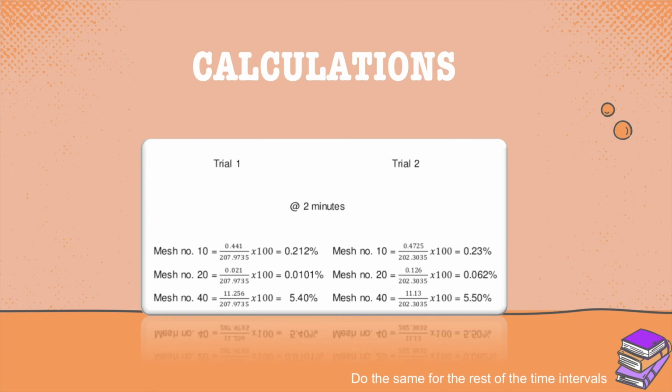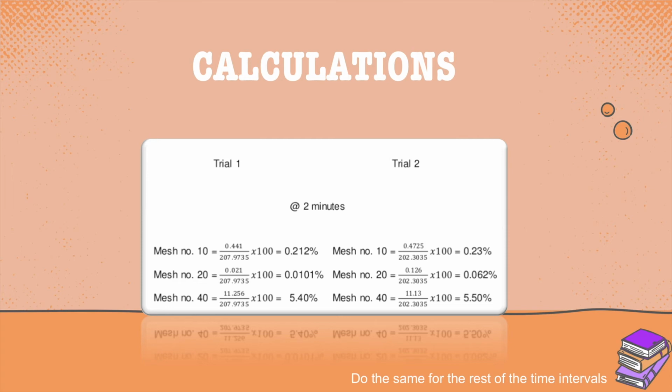In calculating the data gathered, first calculate the percent retained on each mesh as shown in the slide. Using the same process, calculate the percent retained for 4 minutes and 6 minutes in the data given. Next, solve for the mass fraction and calculate the average percent retained at that minute.